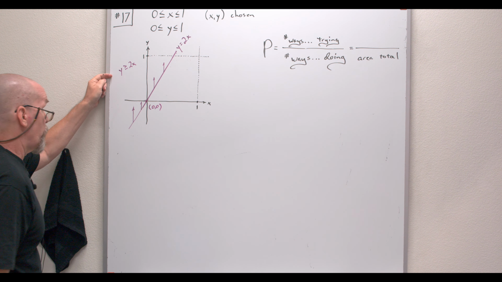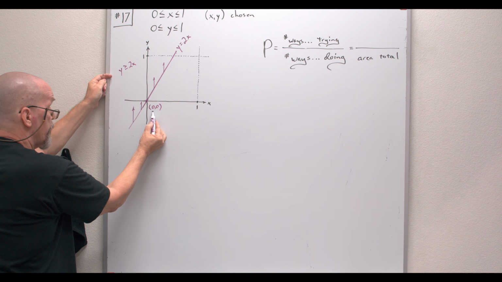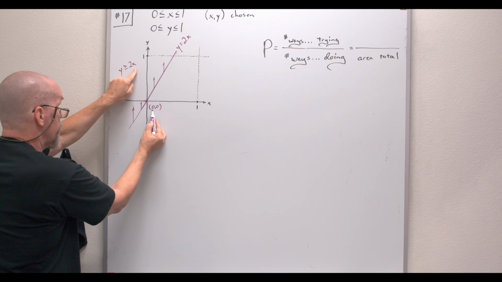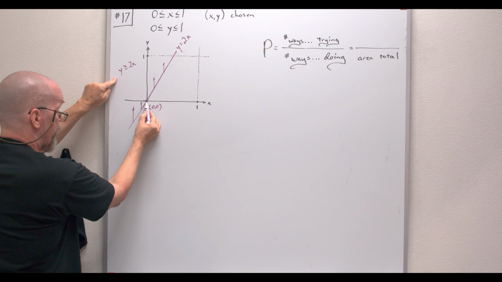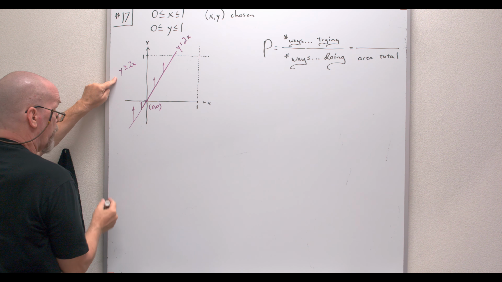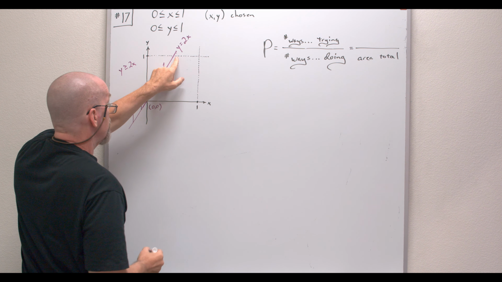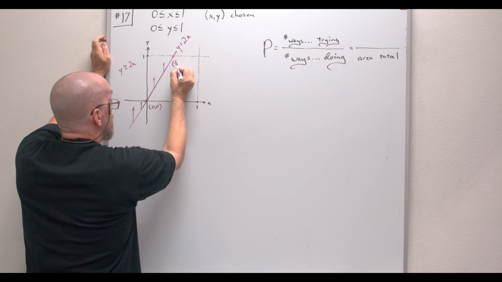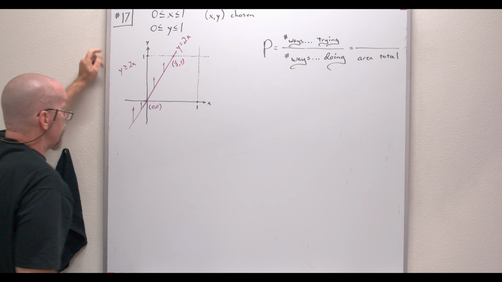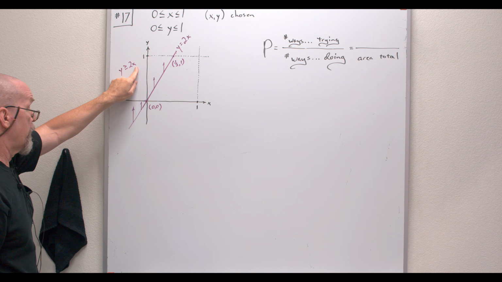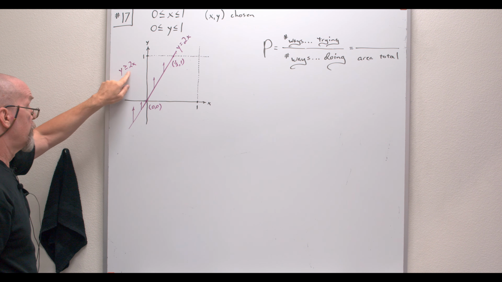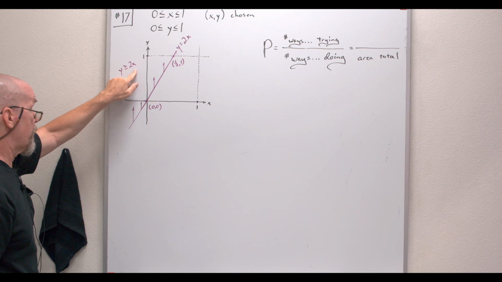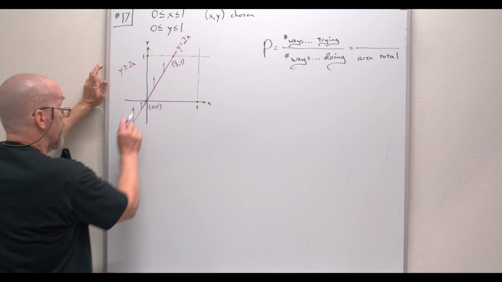It satisfies y equals 2x because if x equals 0, 2 times 0 is 0, so our y value would be 0. That point 0, 0 is on the line y equals 2x. This point right here, where our x value is 1/2 and our y value is 1, it's also on this because if x is 1/2, then we have 2 times 1/2. That would be a 1 because 2 times 1/2 is 1. So that would be on that same line.